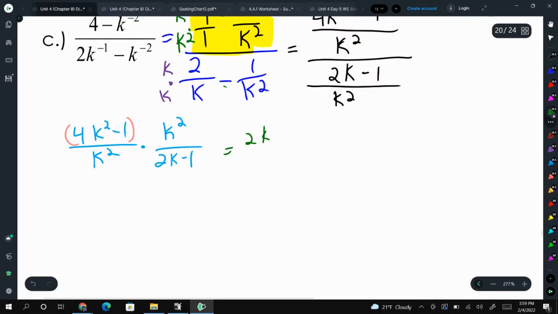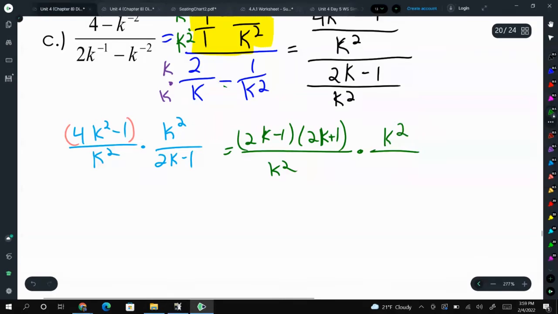This is going to be 2k minus 1 times 2k plus 1 over k squared times k squared over 2k minus 1. And then we can cross off the k squareds and the 2k minus 1s, and we're left with just 2k plus 1.